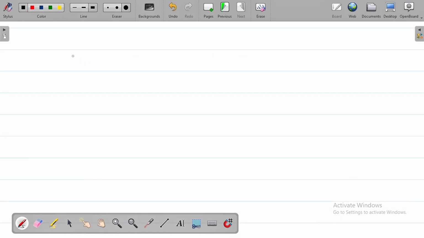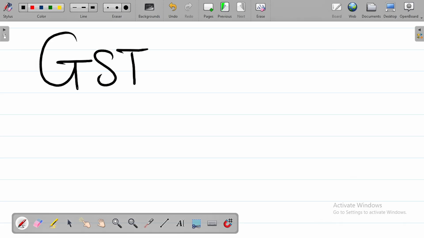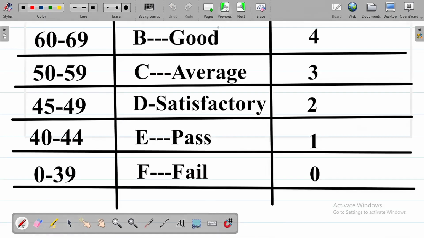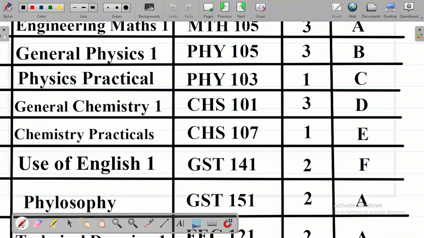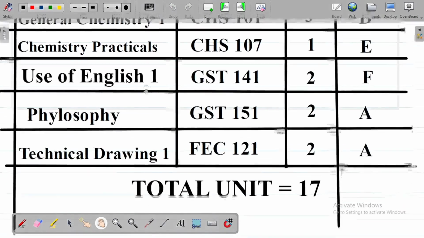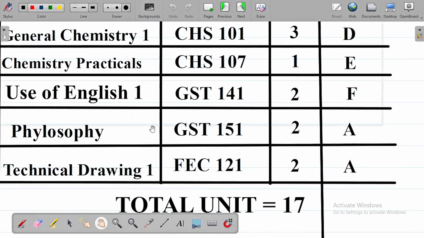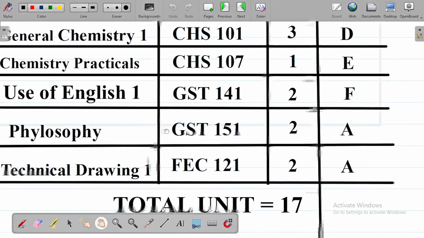All right, let's consider the next course. We have GST 151. Let's confirm the point and the unit of GST 151. GST 151 is Philosophy.